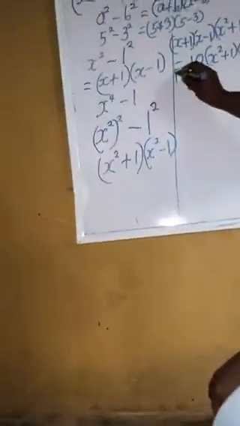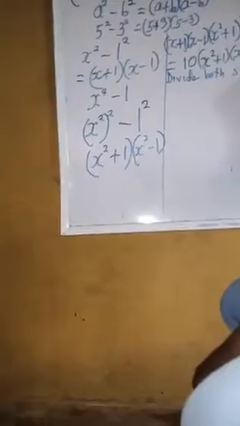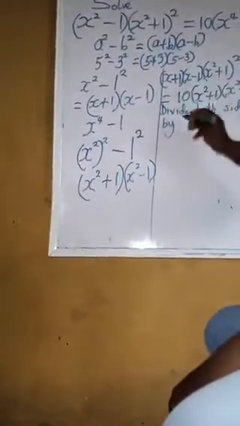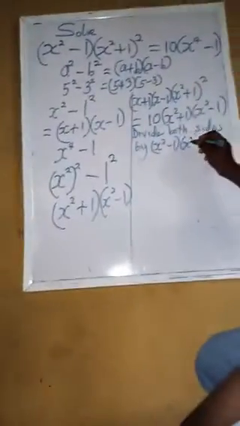So we can now say divide both sides by this x squared minus 1 that I've split already, x squared minus 1 times x squared plus 1 that is also common, x squared plus 1.